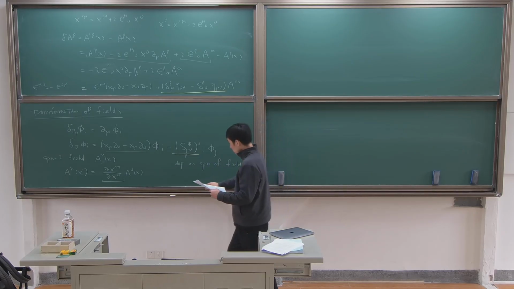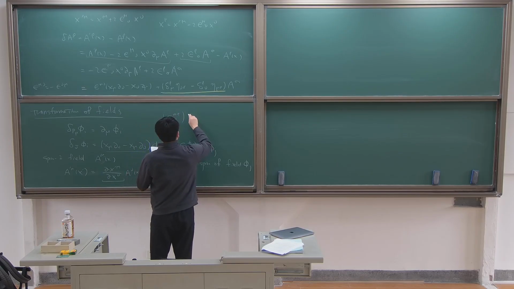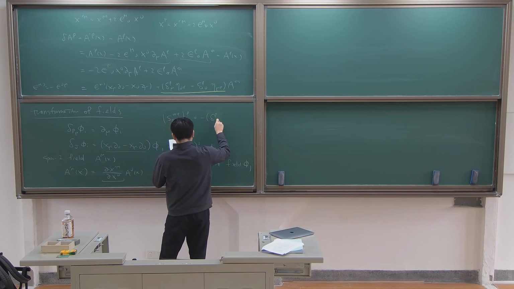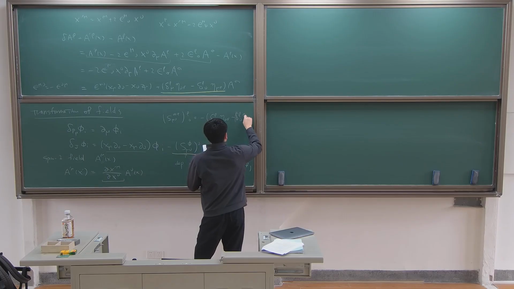Therefore we can conclude that the S matrix for a vector, spin 1, is equal to minus delta rho mu delta nu sigma minus delta rho nu delta mu sigma.